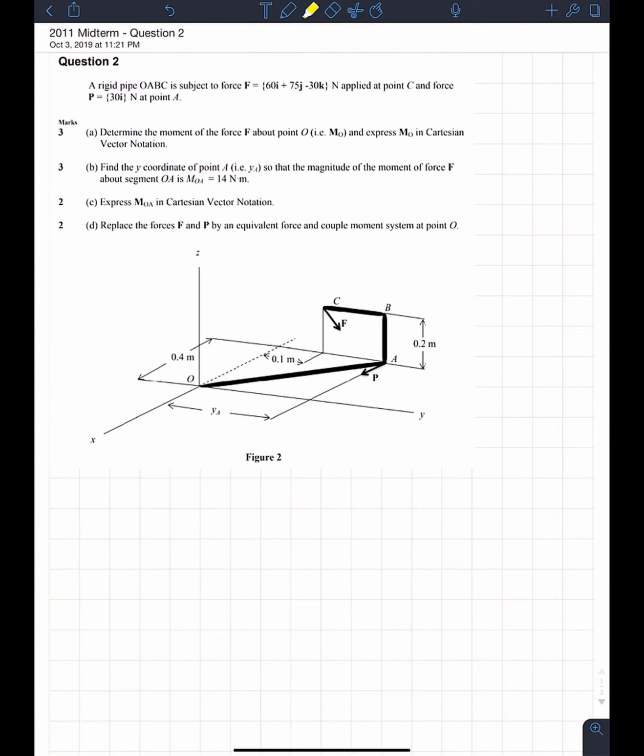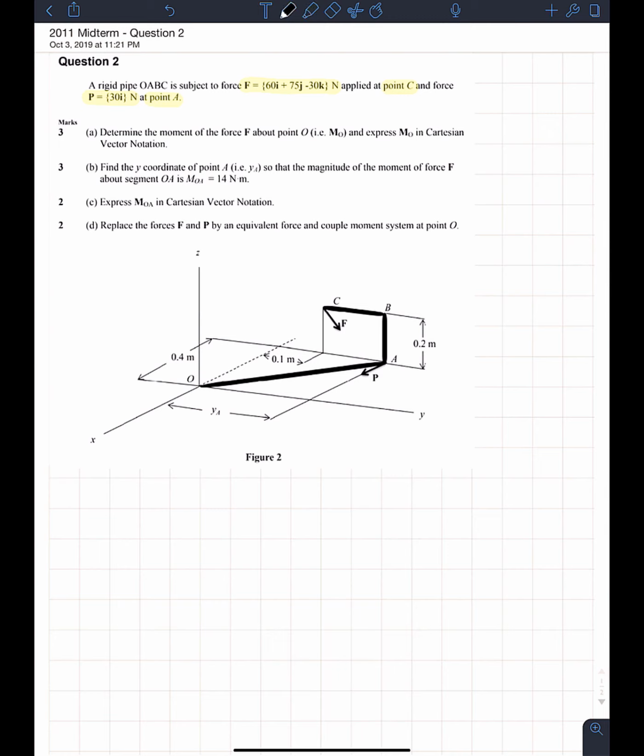So the question itself says a rigid pipe OABC is subjected to a force, and then it gives us the nice Cartesian vector notation, which is really nice because it means that we don't have to try and solve for any of it in Cartesian vector notation. And it says that it's applied at point C, and the force P at point A. So we have two forces, force F and force P. Both are given in Cartesian vector notation.